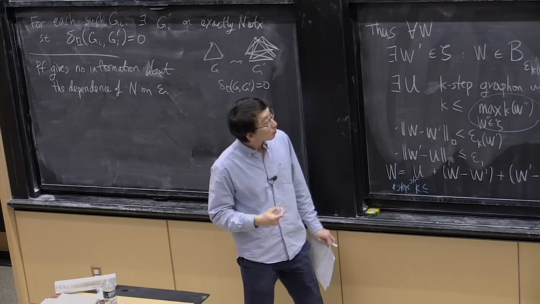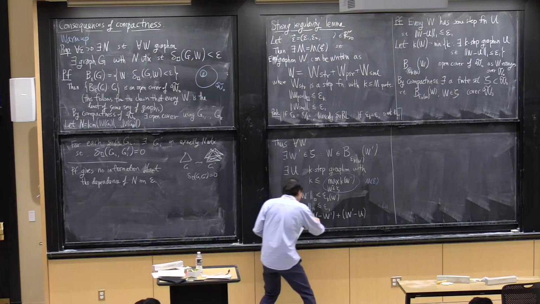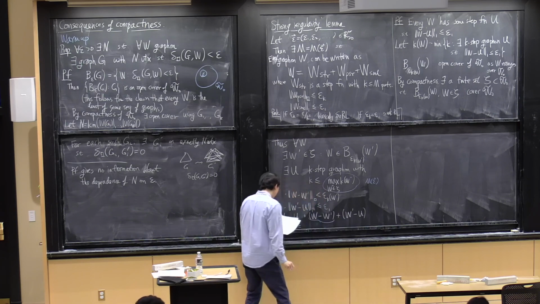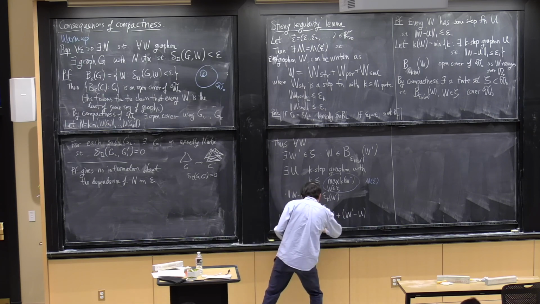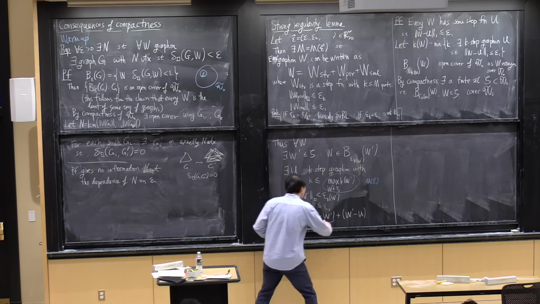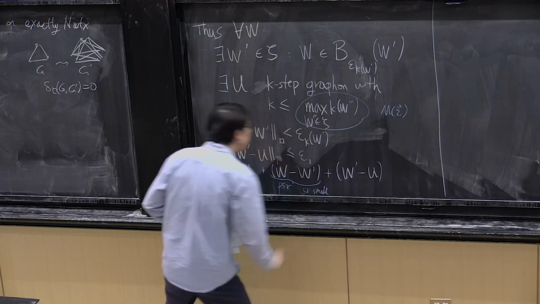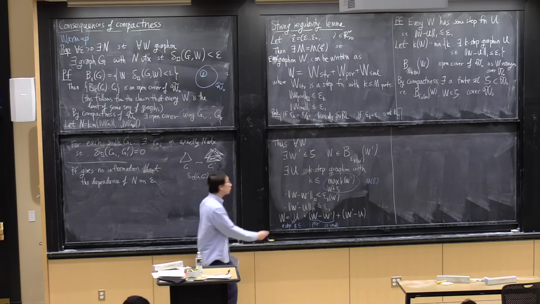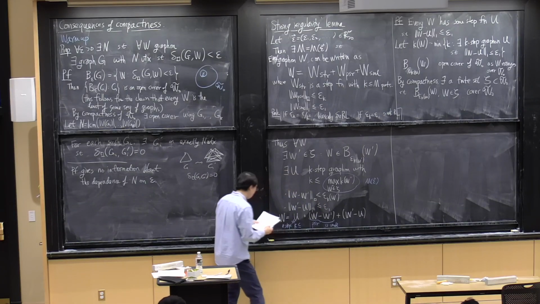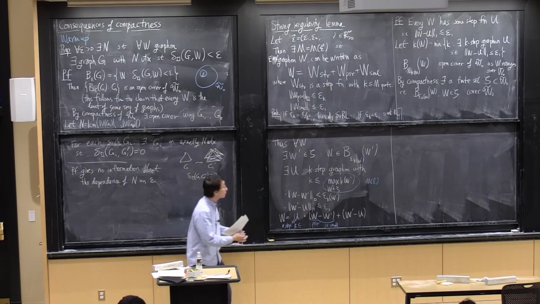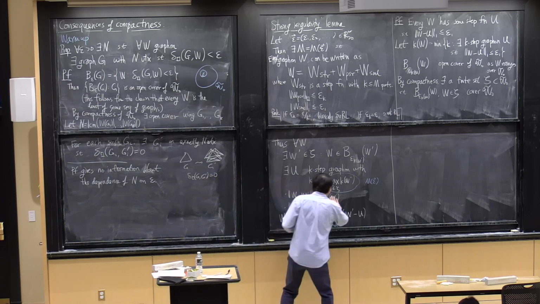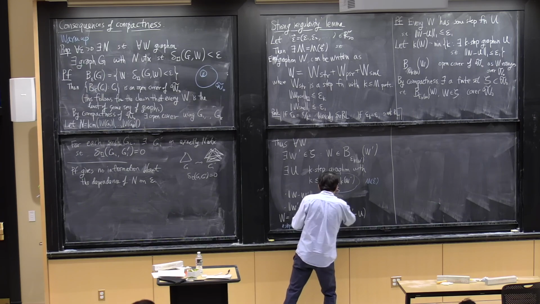It doesn't depend on a specific choice of W. The second term is the pseudo-random piece because its cut norm is small.